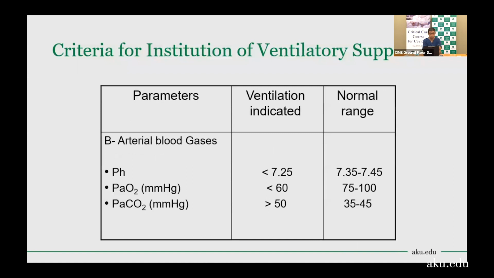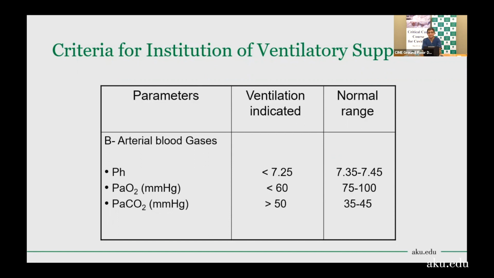The other indications include the blood gases, which is a pH of less than 7.25. Again, I have to insist on this, that don't look at the number, look at the trend and make a differential. If it is because of metabolic acidosis, you need to sort the metabolic component out before you intubate the patient. So it is a multi-pronged approach that we have to take with the patient.